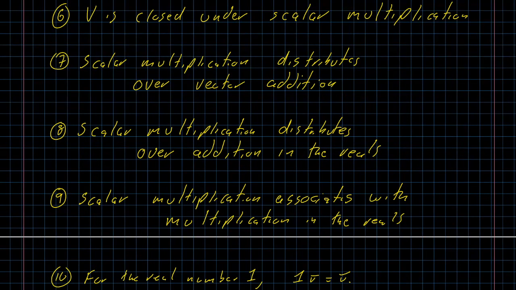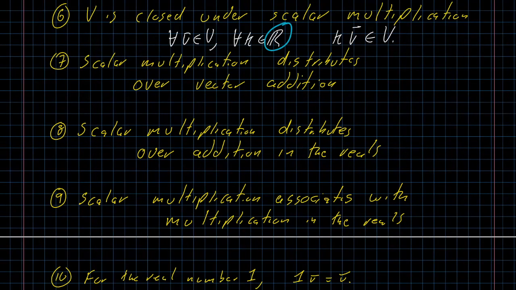And the last 5 properties here. V is closed under scalar multiplication. So for all vectors and for all scalars k in the real numbers, k times v is in set V. Now is probably a good time for me to mention that in general, this set does not have to be the real numbers.